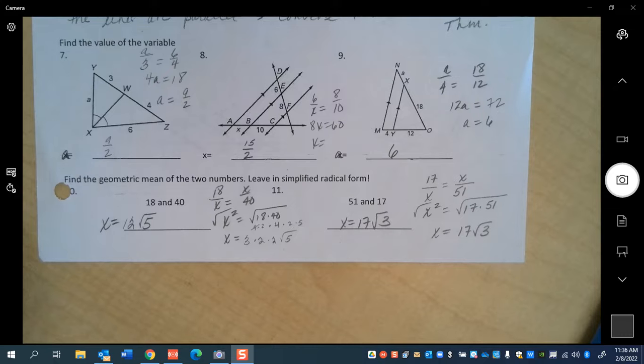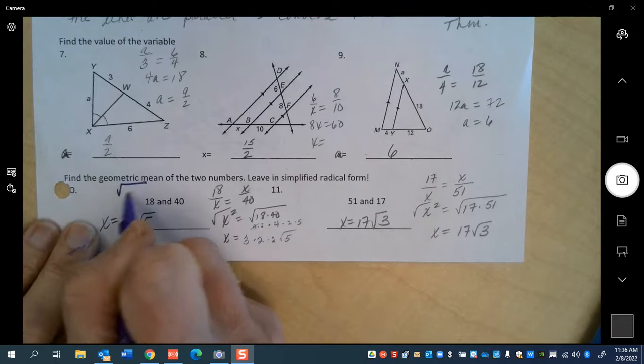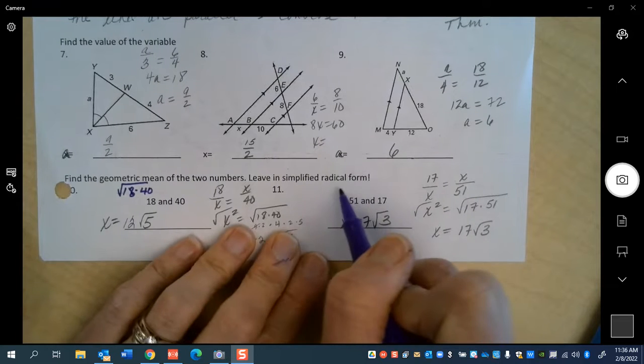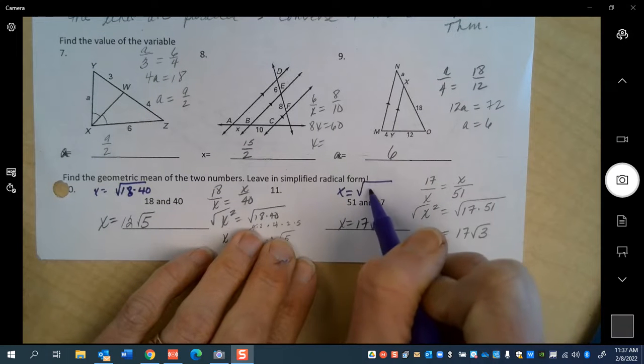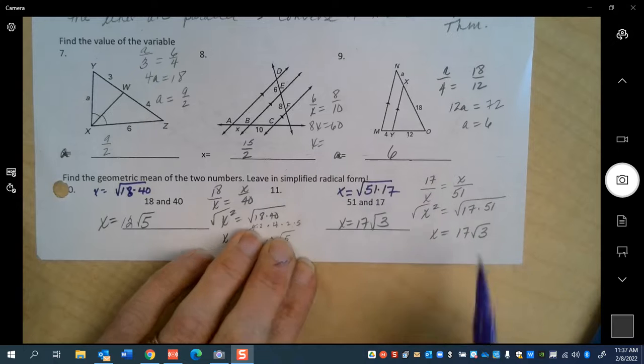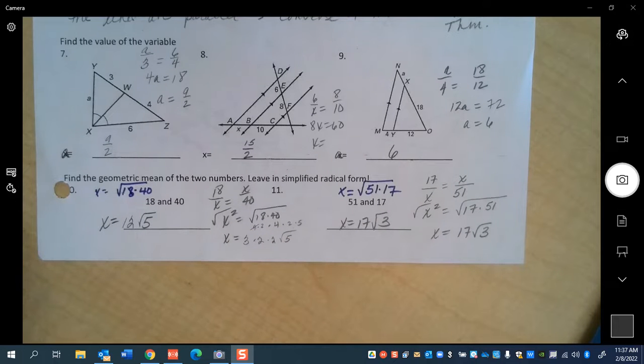Some teachers, when they teach the geometric mean, jump right to the geometric mean being the square root of the product of these two numbers. When we set it up as a proportion, that's the justification for this first sentence. If I multiply the two numbers and then take the square root, what do I get? And notice that's what I'm doing each time.